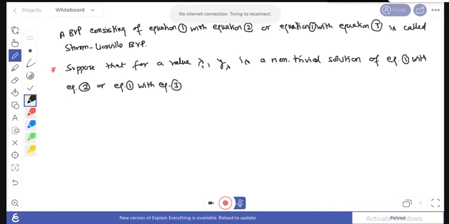This means this is a non-trivial solution of your Sturm-Liouville problem.